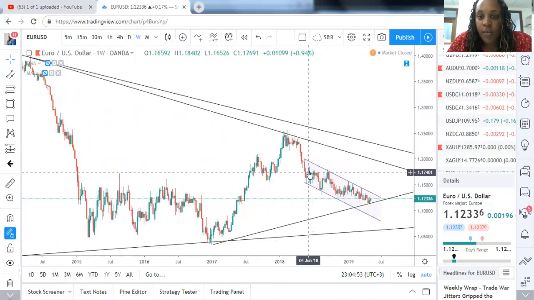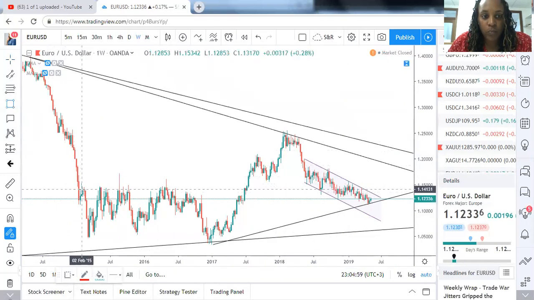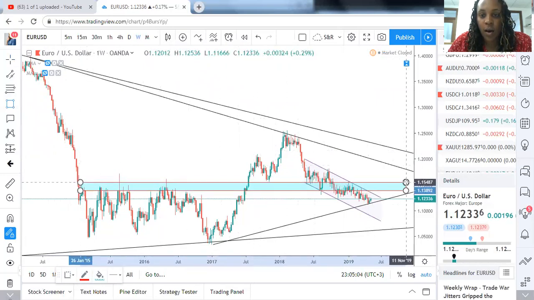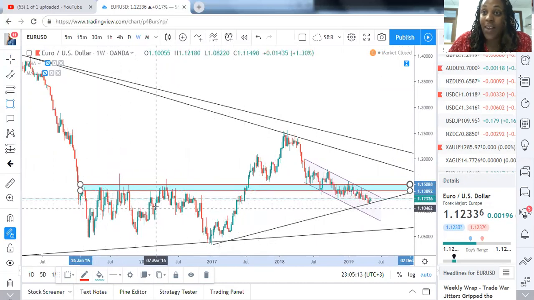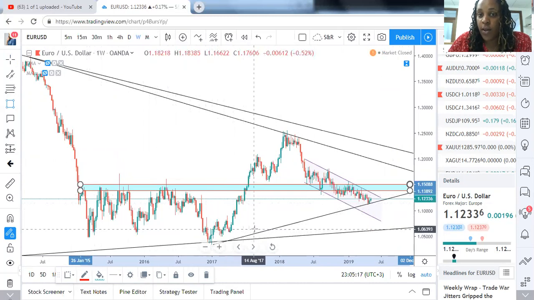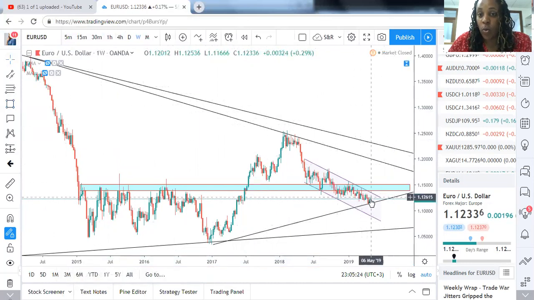So we talked about this parallel channel here, right? And we wanted to identify structure. If we had to look here, you can see how this area here is a type of ceiling, because when we look left, every time the trade comes to this point, it reverses, right? So I'm going to keep that particular structure there because that's key. Why?